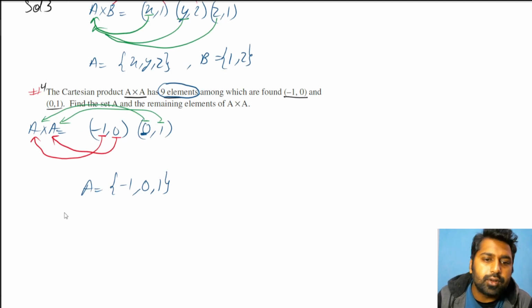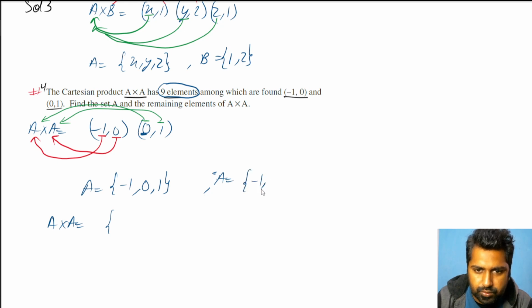Now this is your original set A. Now you can write A cross A. Let's erase this. A cross A. So in order to write the cross product, it's better to write both the sets, so you know which elements you have covered or not.